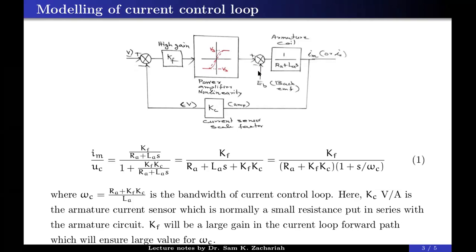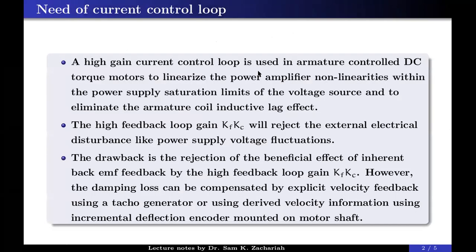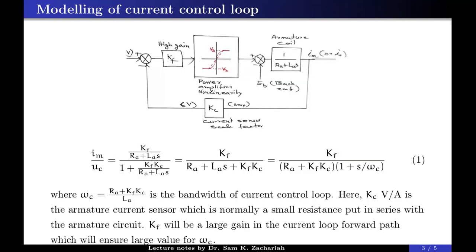That is why you are using a current control loop. Actually, in the current control loop you put a series resistance here and measure the current. So the current that is flowing will be measured as a voltage.